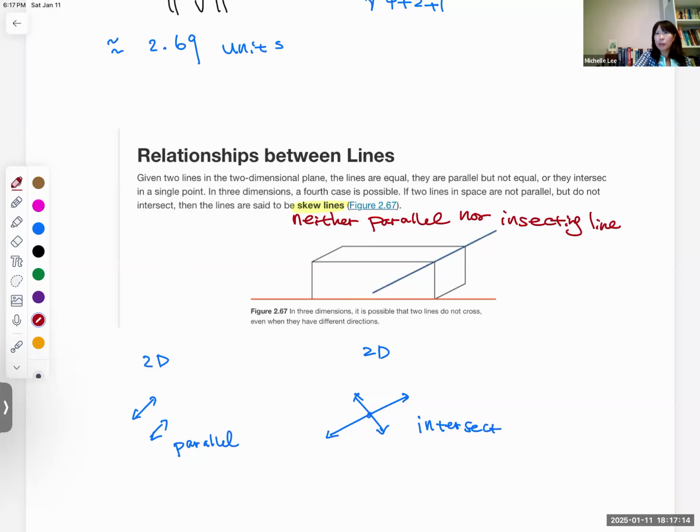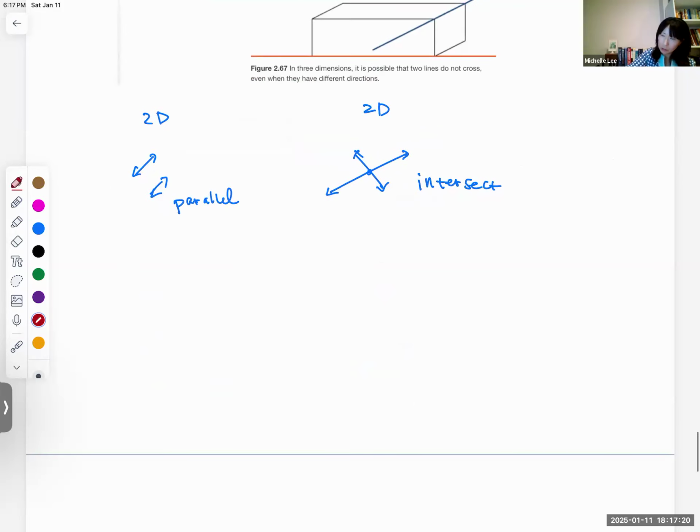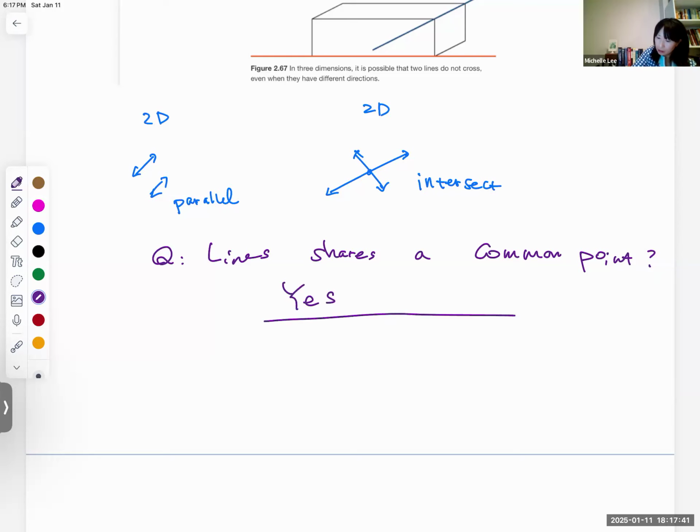Okay, let's talk about this one. So this is the question: do the lines share a common point? We have a yes, we have a no here.